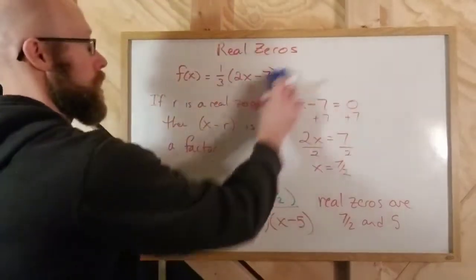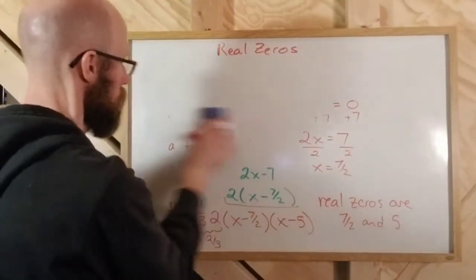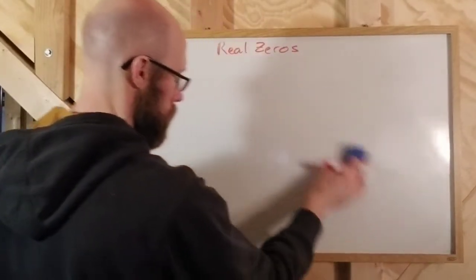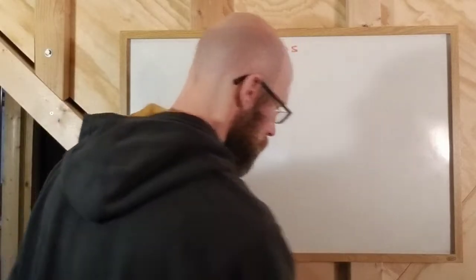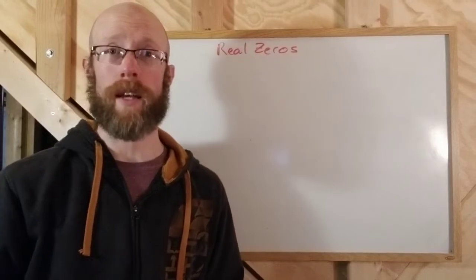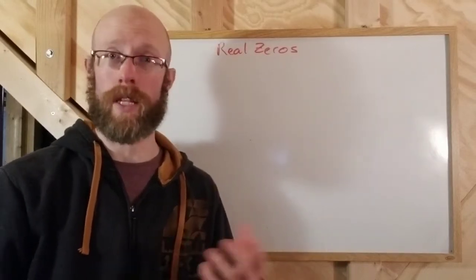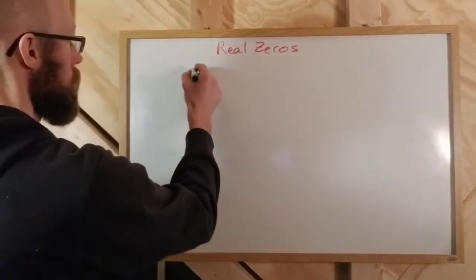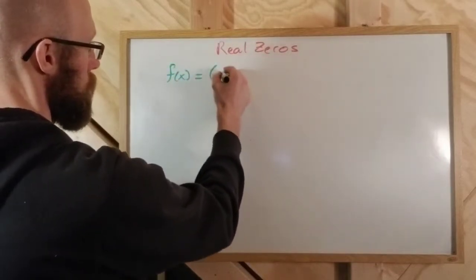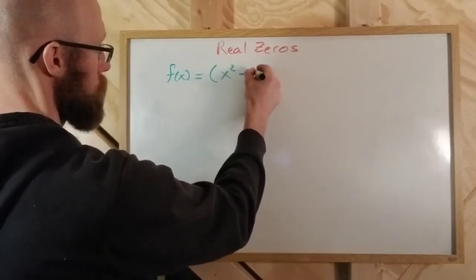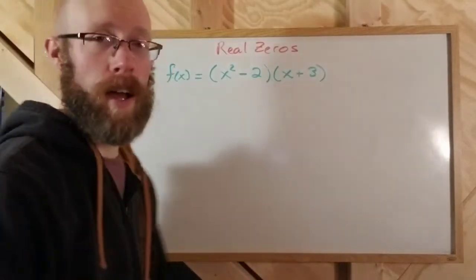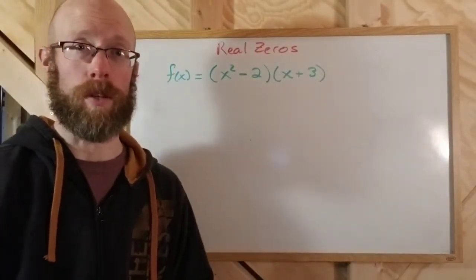Some other interesting combinations that you might see are going to be factors that maybe are quadratic in nature, but they don't factor using the integers. So something like maybe my polynomial has x squared minus 2 and x plus 3 as its factors, and you want to know what the real zeros are.